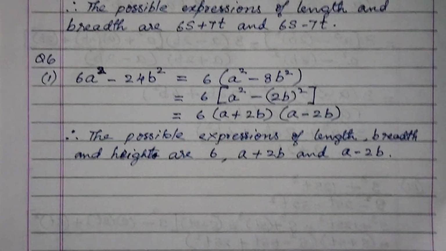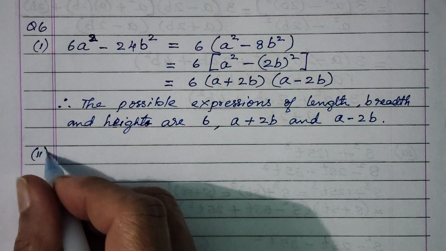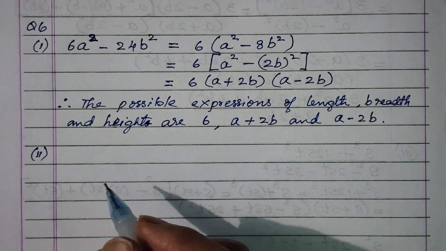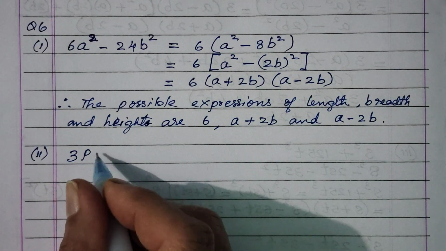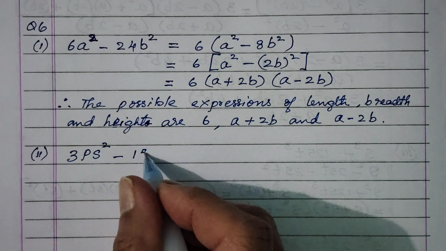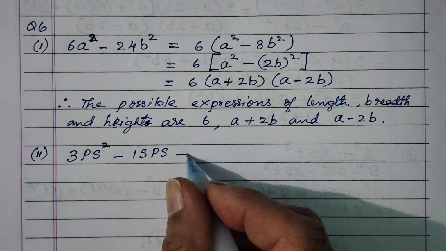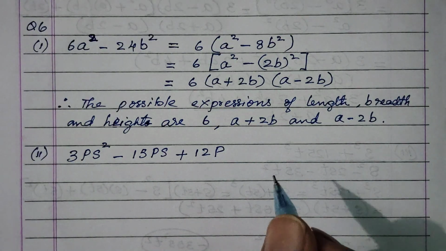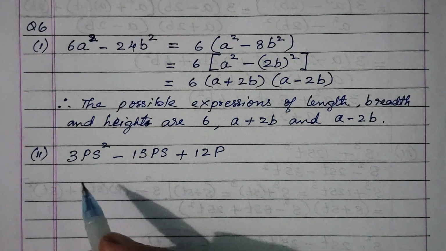Now we'll go to the second part, second question in that. The volume is 3ps square minus 15ps plus 12p. So here also we will take common factors.